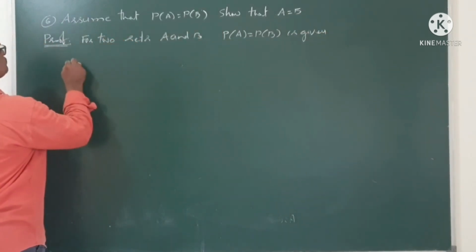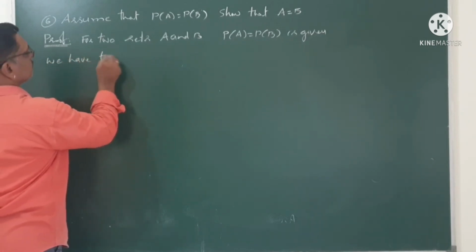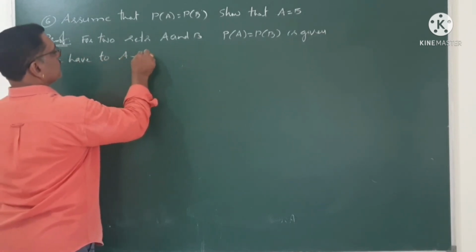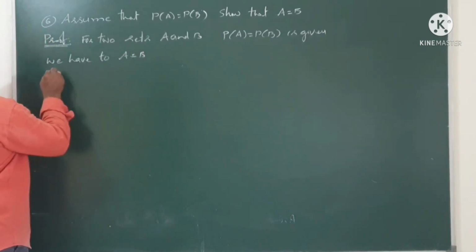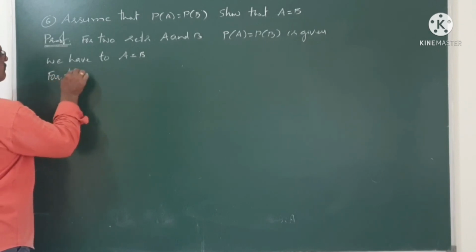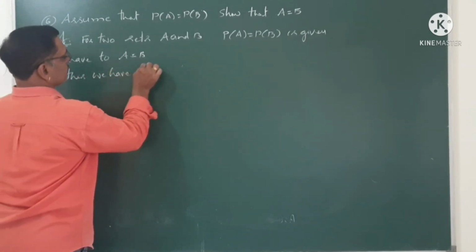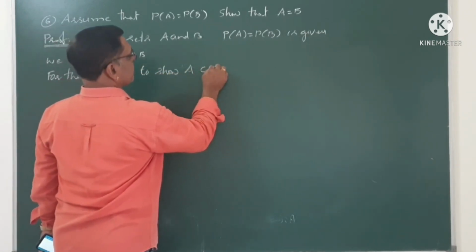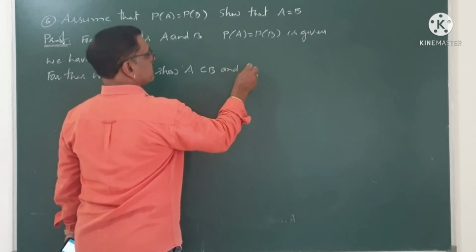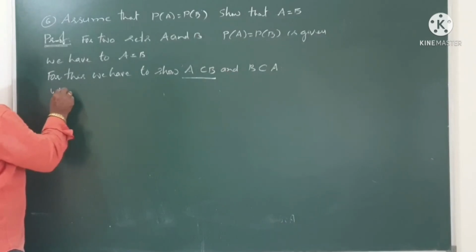We have to show A is equal to B. For this, we have to show A is a subset of B and B is a subset of A.